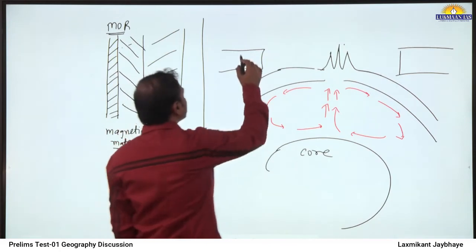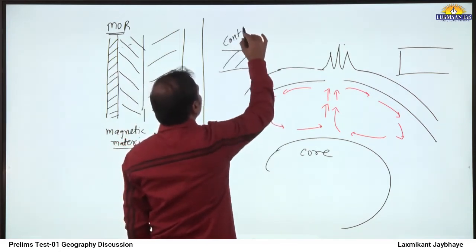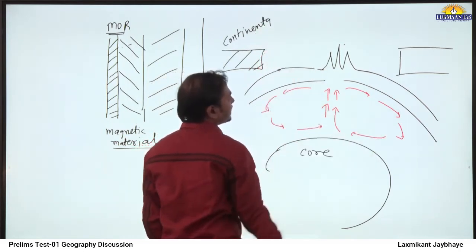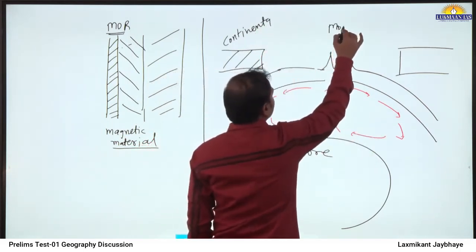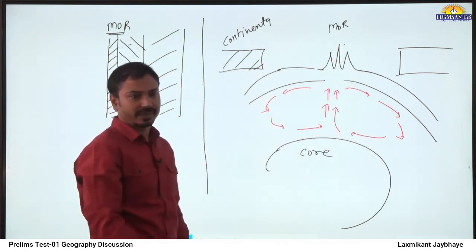Yes, so this is continental plate. Okay, and this is oceanic plate and this is mid-oceanic ridge. Okay, so let's understand how this sea floor spreading is happening.